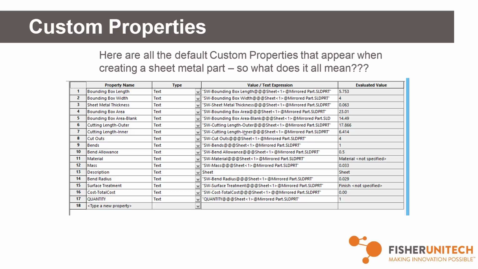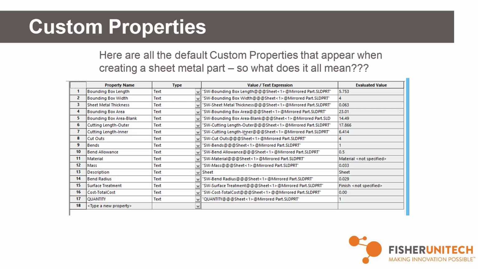What that's actually going to do is take into account all of the area of your sheet metal part itself. So the only time those two values are going to be the same is if you're creating a plate, something that's filling up the entire space. Cutting length outer is going to give you the full length of the cut on the outside of your material.